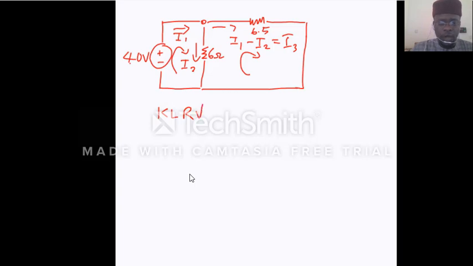If you can recall, Kirchhoff's law requires only the application of Kirchhoff's loop rule for voltage, no application of the current law. You only apply the loop rule, and the number of equations you should expect depends on the number of loops. So we have 2 loops, we should expect 2 equations. For the first loop, we have 40 volt coming from the positive terminal.